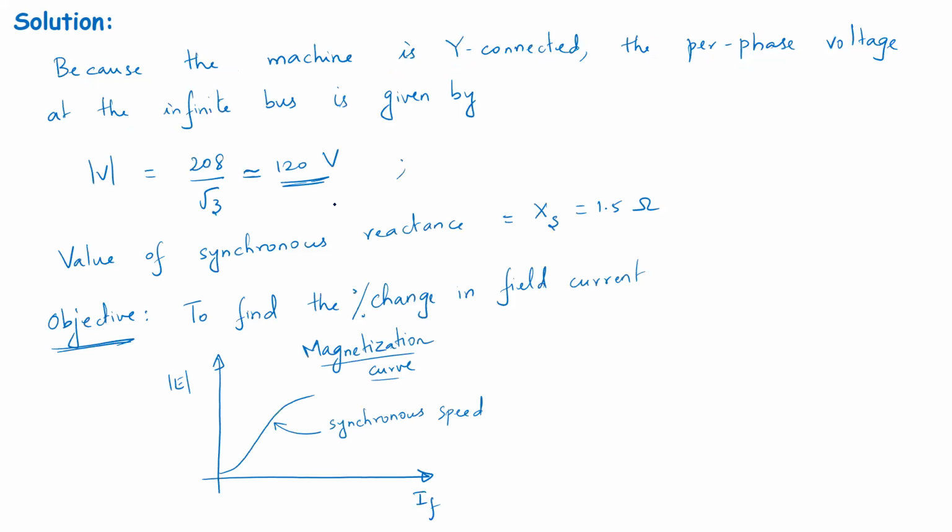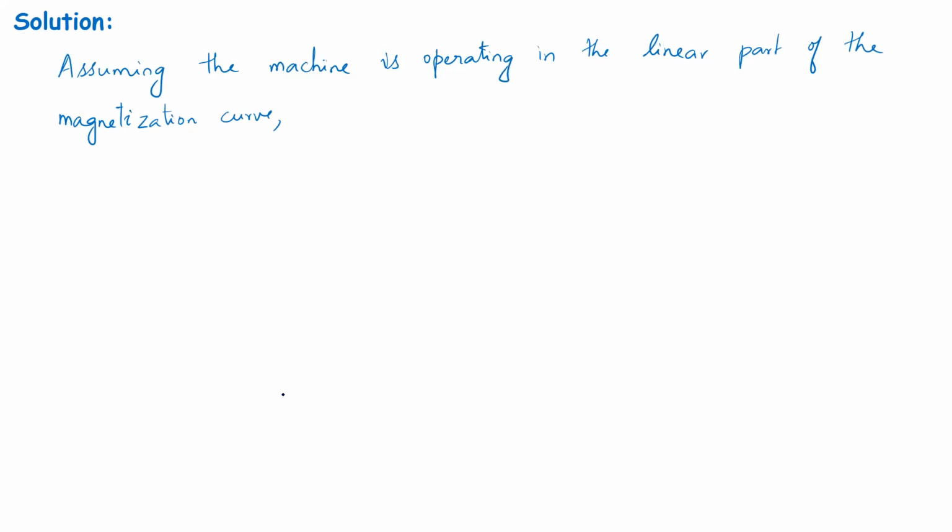What do I mean by that? If I go back, as long as the machine is operating somewhere here in this part of the curve, then I can say that the percentage change in field current is equal to the percentage change in excitation EMF magnitude for a fixed speed.